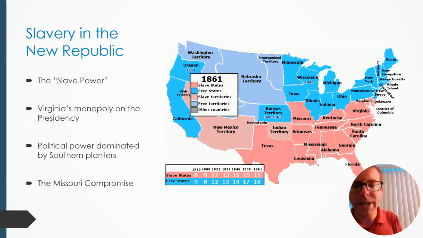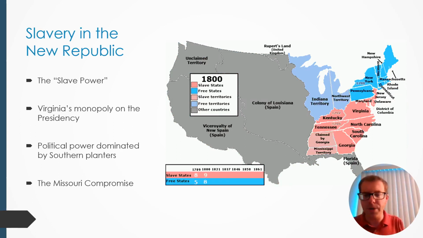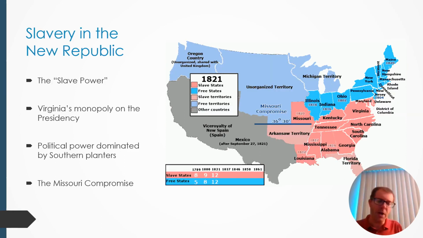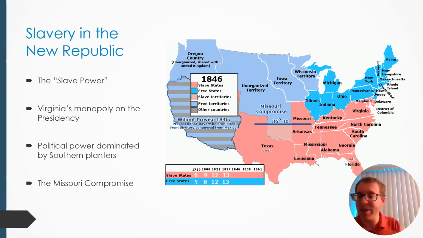And a fairly obscure representative, a guy named Talmadge from Pennsylvania, actually proposed an amendment to admit Missouri as a state, but as a state that's going to be free, where slavery is going to be banned.